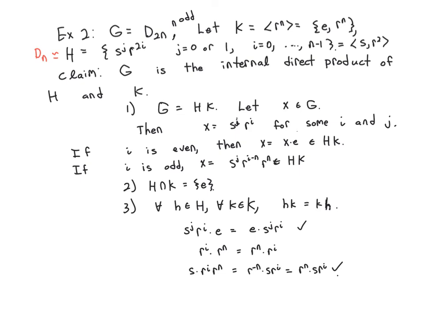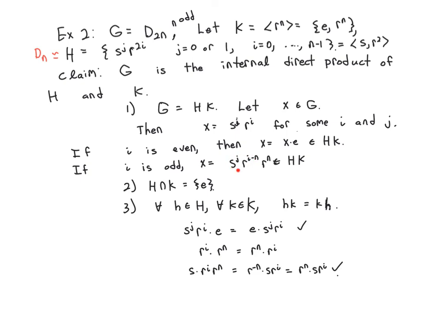Well, a sneaky trick is to cleverly multiply and divide by the nth power of r, the 180-degree rotation. And then since n is odd, odd minus odd is even. So this is an even power.